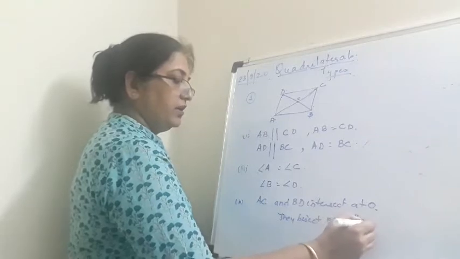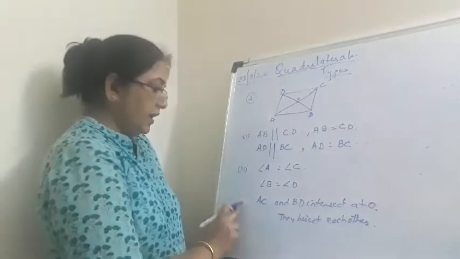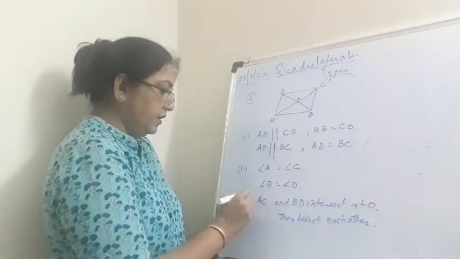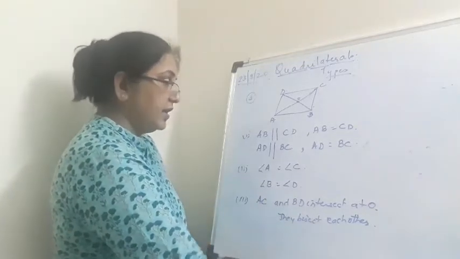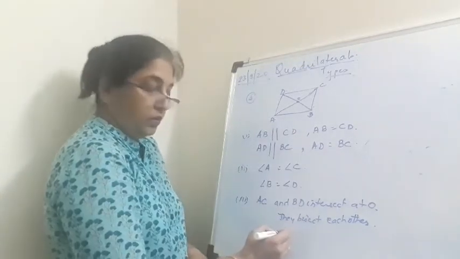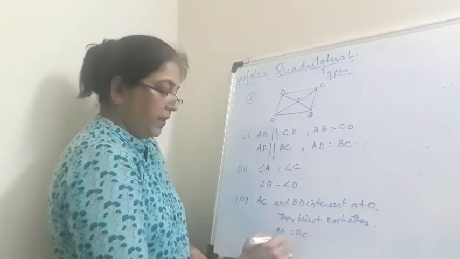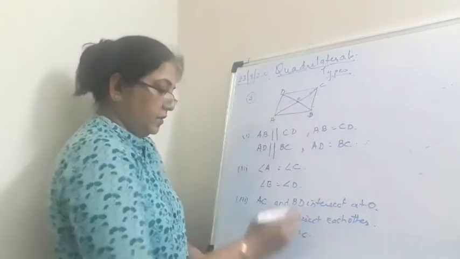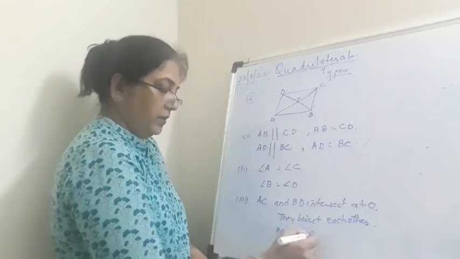So the third property of the parallelogram is that diagonals bisect each other. What does this mean? It means that AO is equal to OC and OB is equal to OD.